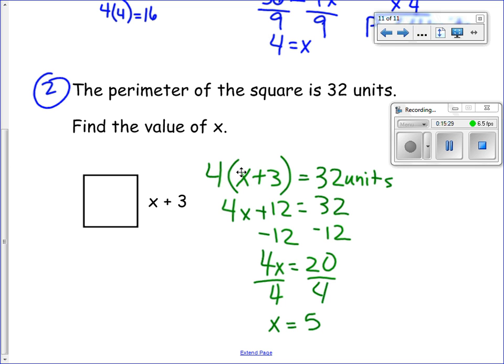They're asking for the value of x. X is going to equal 5. That's all you have to do on those.